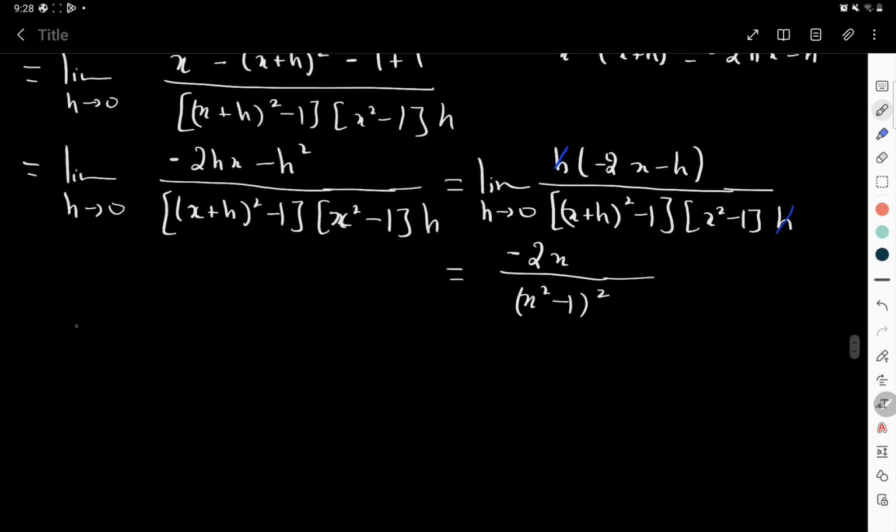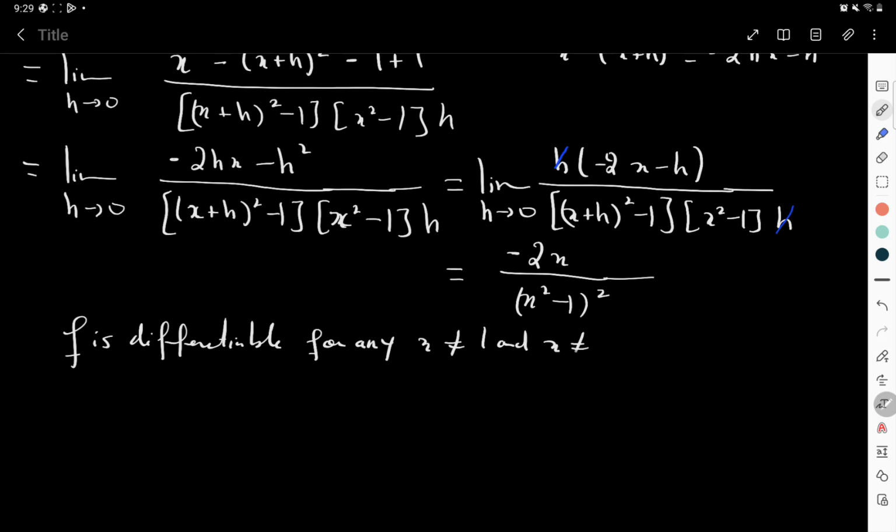Of course, f is differentiable for any x different than 1 and x different than minus 1, and f prime of x is equal to minus 2x over x squared minus 1 squared.